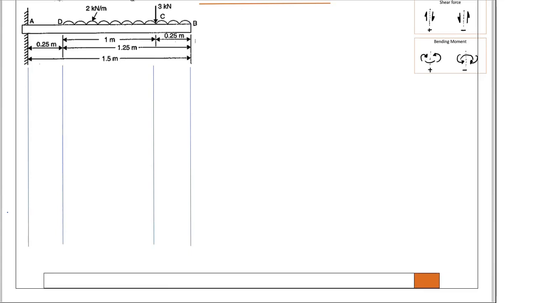Now look at here. This problem is given. First we have to analyze this problem. 2 kilonewton per meter, 3 kilonewton is a point load, and 0.25, 1.25, 1 meter, 0.25. Before solving this problem, we have to write a free body diagram. Free body diagram for a cantilever is not suggested, and support reaction for a cantilever is also not required.